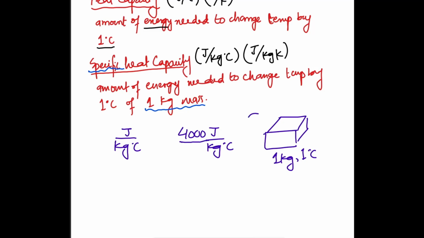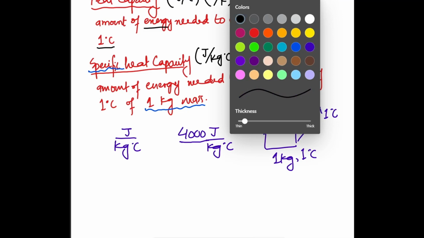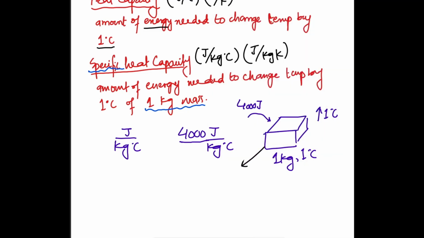So if I give in 4000 joules of energy, its temperature will rise by 1 degree centigrade. If I remove 4000 joules of energy, let's say, from this system, it will lose 1 degree centigrade of temperature as long as the mass of the block stays 1 kg. Do we understand up to this point what this value means, right?